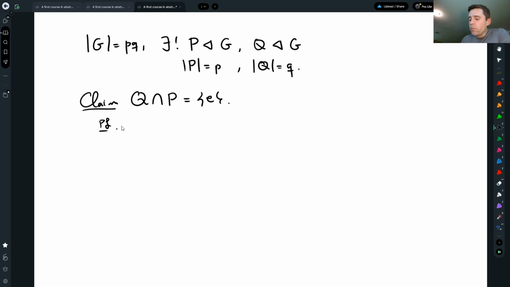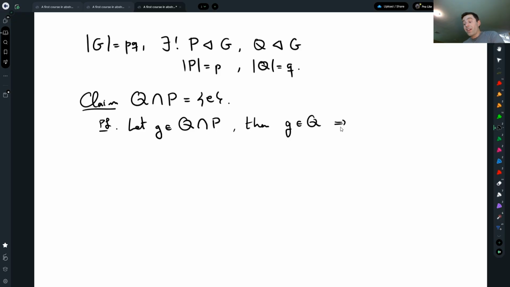For that claim, let g be in Q intersect P. Then, on one hand, g is in Q, and as a consequence of Lagrange's theorem, one of the big theorems we've proved in this class, the order of g divides the order of Q, which is q.